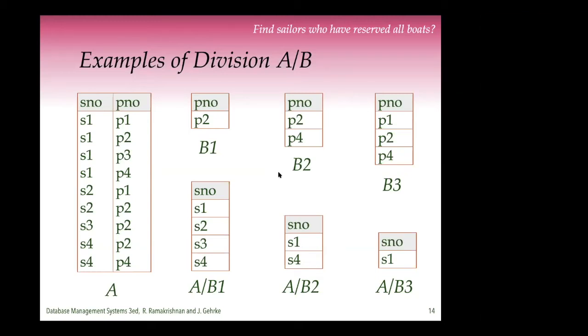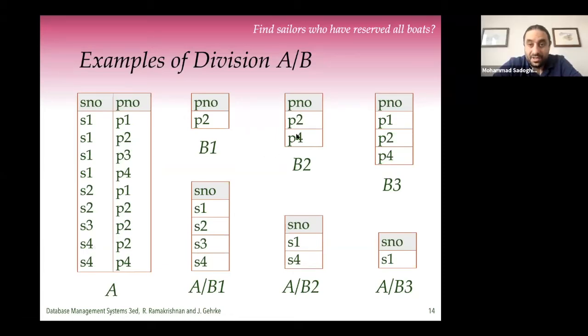If you were to apply the same solution, the result would be S1, S2, S3, S4. Yes, since P2 is in there, all of these will qualify. This will again come into the results.